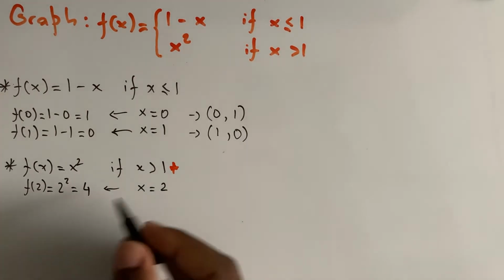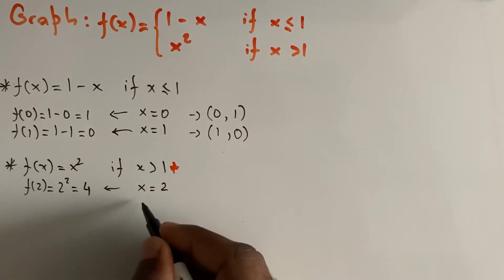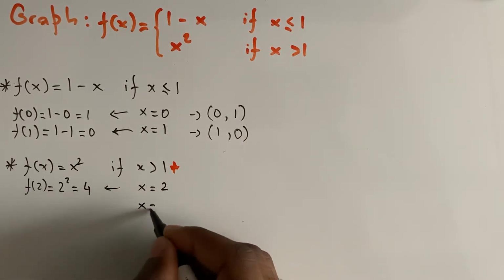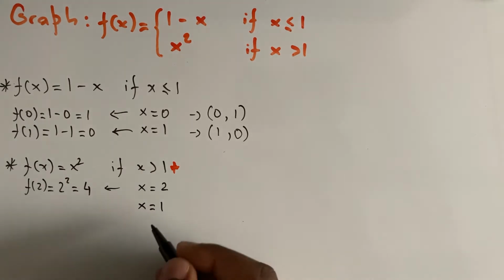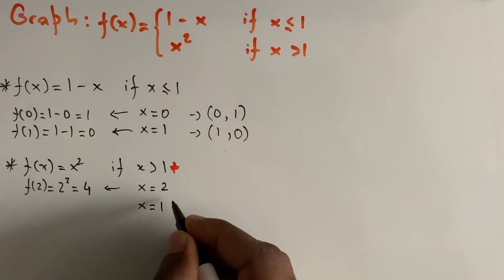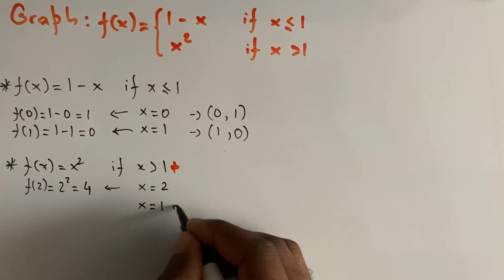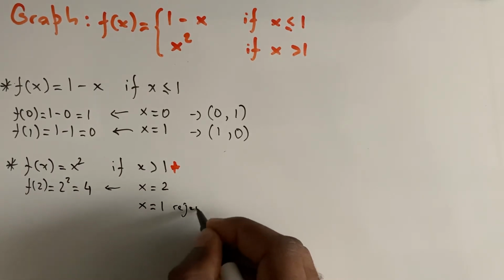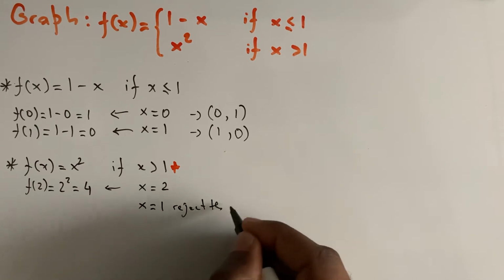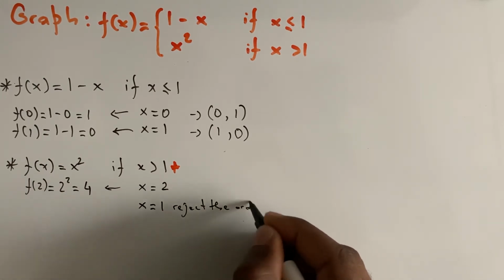So it's okay to let x be 1, for example, because you're trying to get a point close to that. But if you let x be 1, remember to reject that point. So reject the ordered pair.